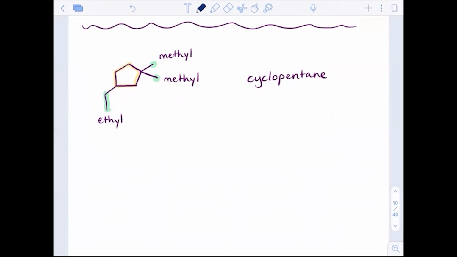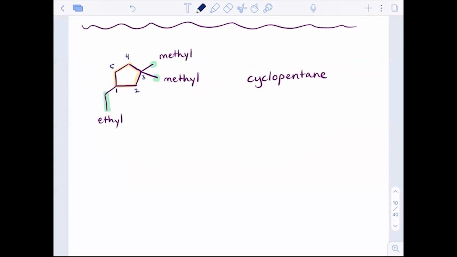So in a ring, you can really start anywhere in the ring. But if you want to find the lowest number possible, you're going to start counting where you see substituents. I could start here and go 1, 2, 3, 4. That's one way. That would be a 1 and a 4. I could do 1, 2, 3. That would be better, right? And then 4, 5.